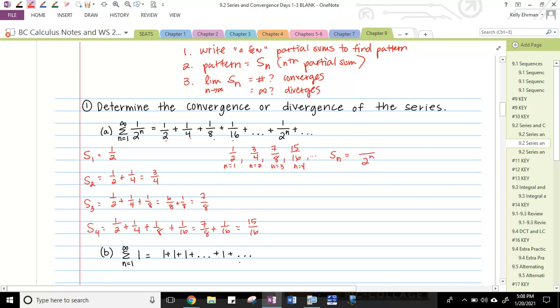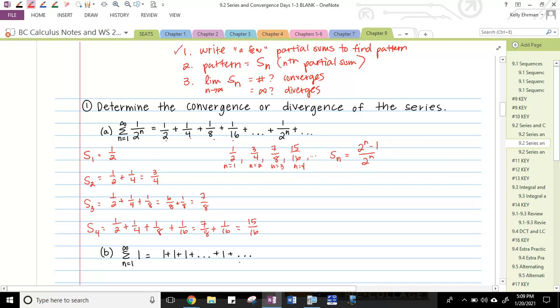And then the numerator, let's see, 1, 3, 7, 15. All of these are 1 less than the denominator. So I think 2 to the n minus 1 is going to fit, right? So I think that's our nth partial sum.